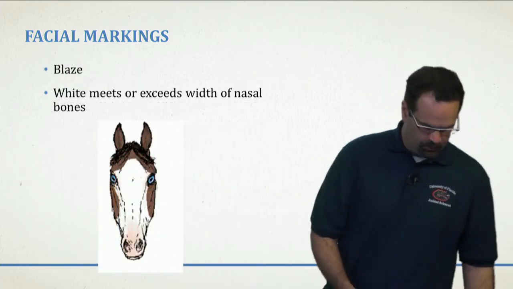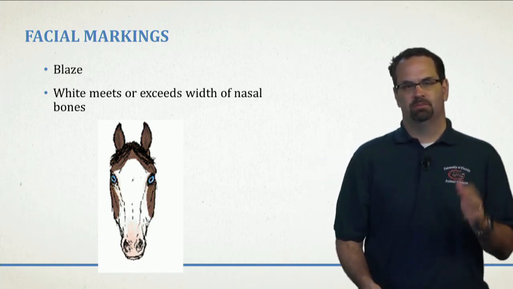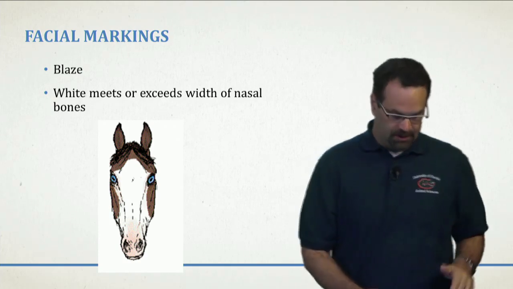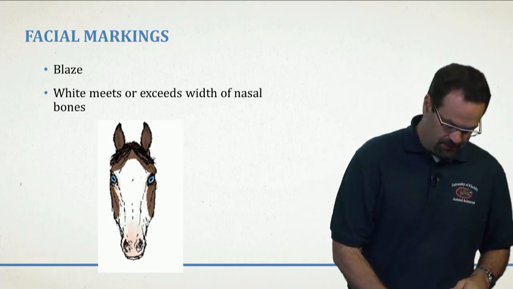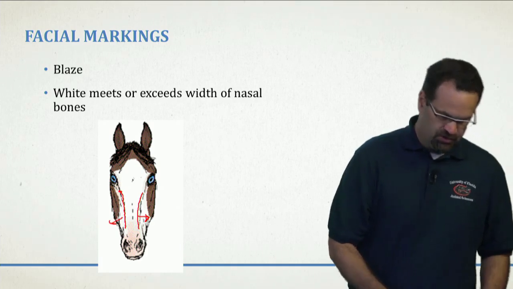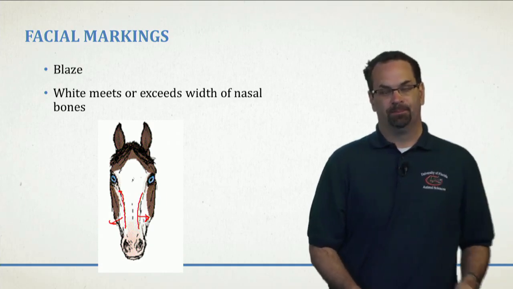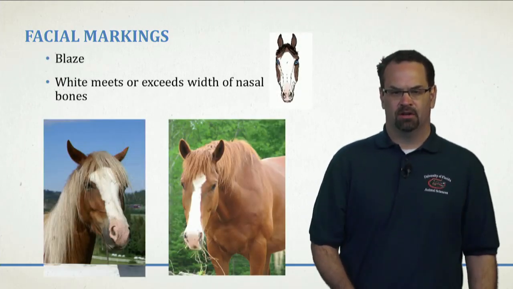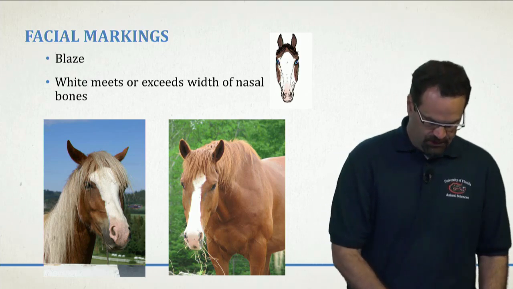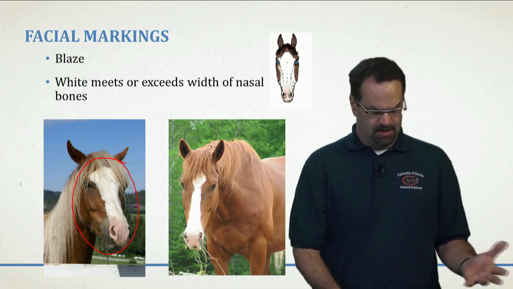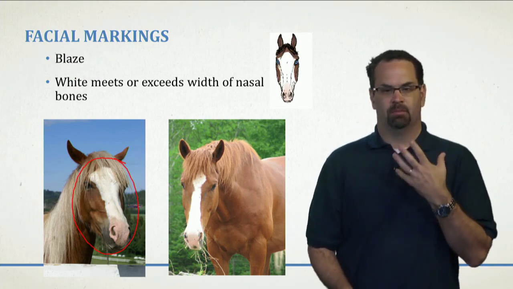Now, the one where people sometimes get confused is between a strip and a blaze. We consider it a blaze anytime the white starts to either meet or exceed outside those nasal bones. This picture is a pretty clear definition of what we would call a blaze. Seeing this on live horses, this one here has the flaxen mane and tail, and you can see the white is outside the nasal bones.